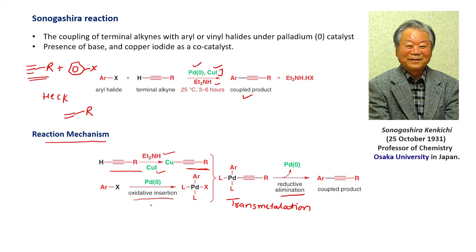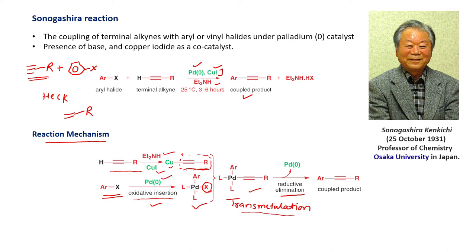In oxidative insertion, the active state of palladium, which is oxidation state 0, inserts in aryl halide, and you get this palladium complex. Now in transmetallation you can see this terminal alkyne which was activated by copper gets transferred from copper to palladium, and there is a release of this X group.